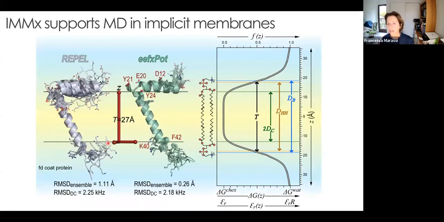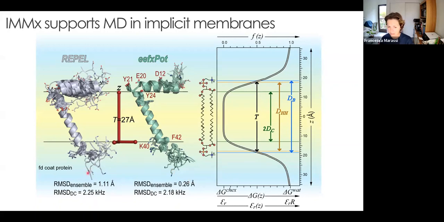And we also showed that this protein, fd coat protein, which is about a 50 residue protein produced by bacteriophage that spends part of its life cycle embedded in bacterial membranes, also retains this conformation and can be made to undergo MD simulations in the implicit membrane and to basically obtain a structure that has an improved RMSD precision.